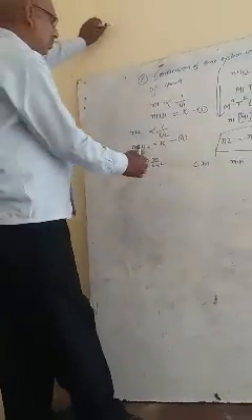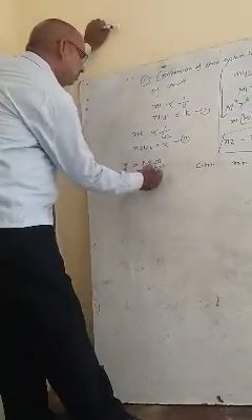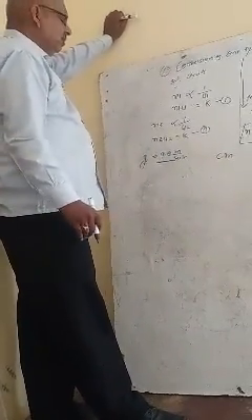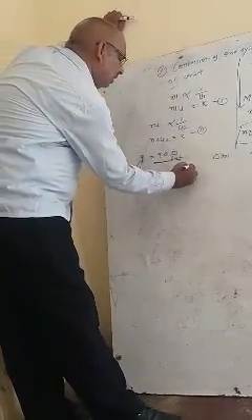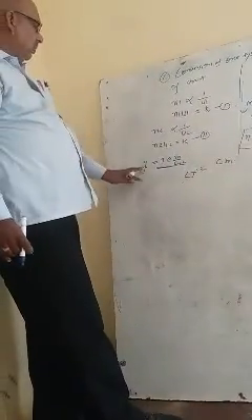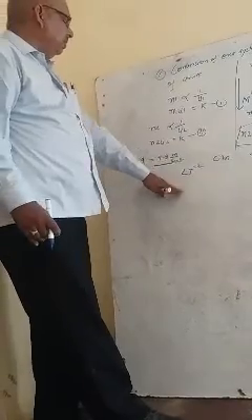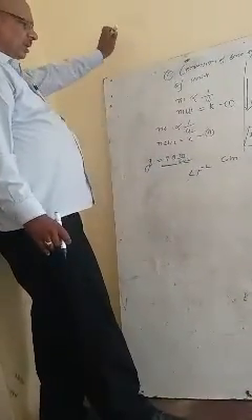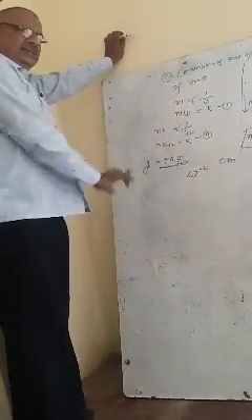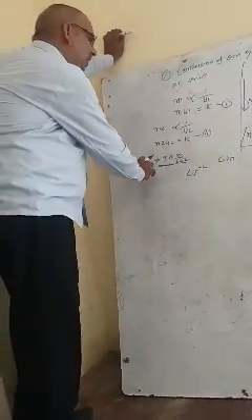Now the measurement is g, and its dimension formula will be L T to the power minus 2. We require only two physical quantities in this case.